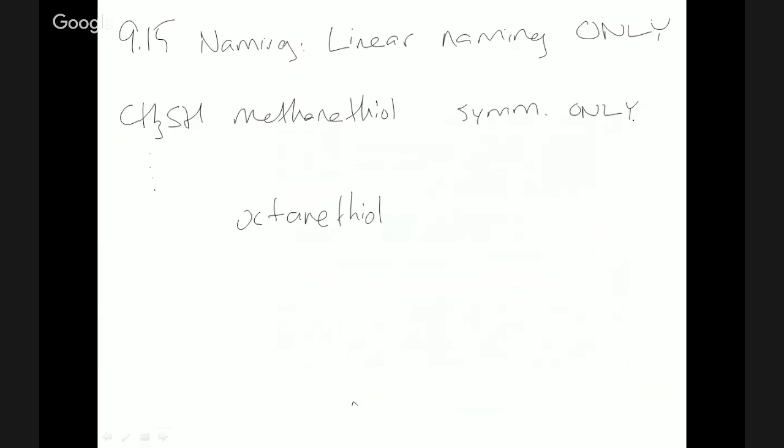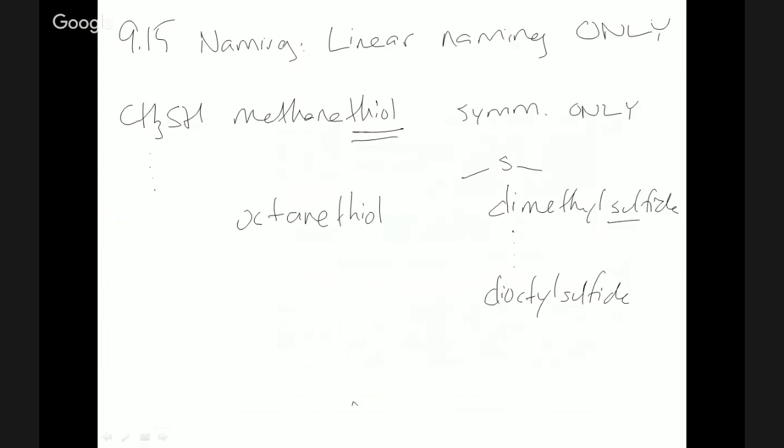Which means 2 methyl groups. Dimethyl sulfide, all the way down to dioctyl sulfide. That's all we're doing for naming of sulfur. Okay, linear only for the thiols, and linear and symmetrical only for sulfides, the sulfur versions of alcohols and ethers.